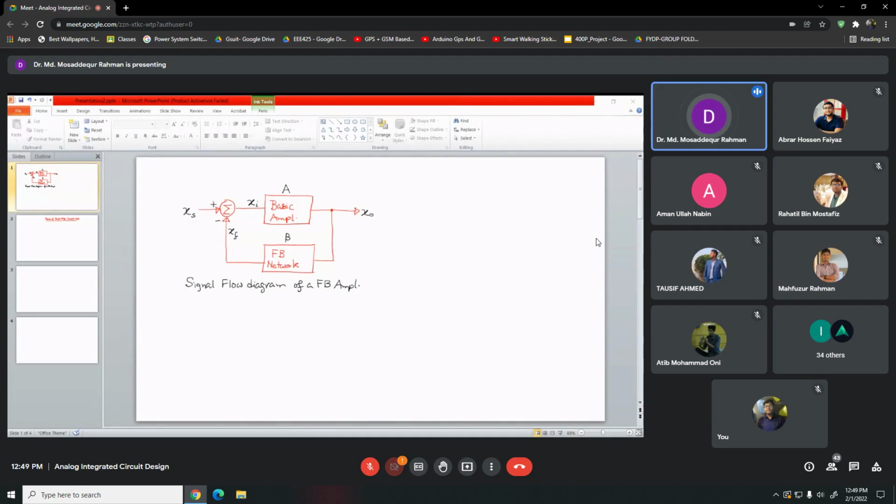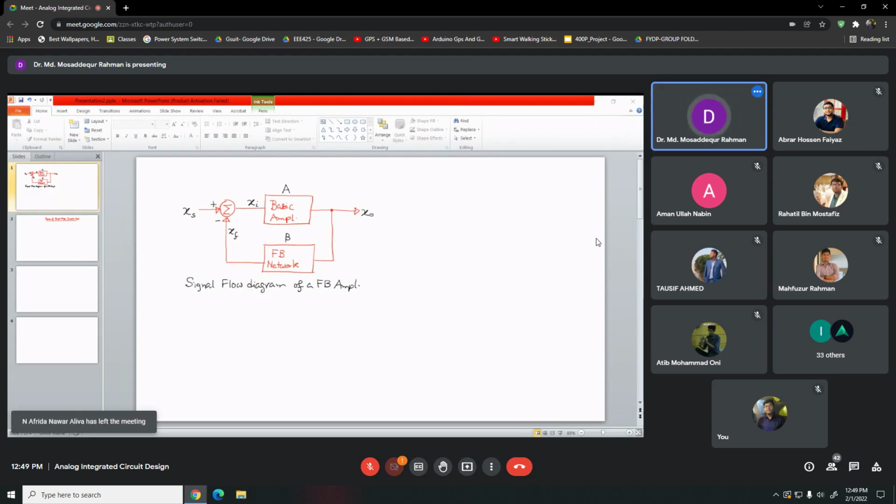And here A is the gain of the basic amplifier, which is the output divided by the input signal, which is Xi. And beta is our feedback factor, which is the output of the feedback network XF divided by the output signal X0. So that's known as the feedback factor, right?